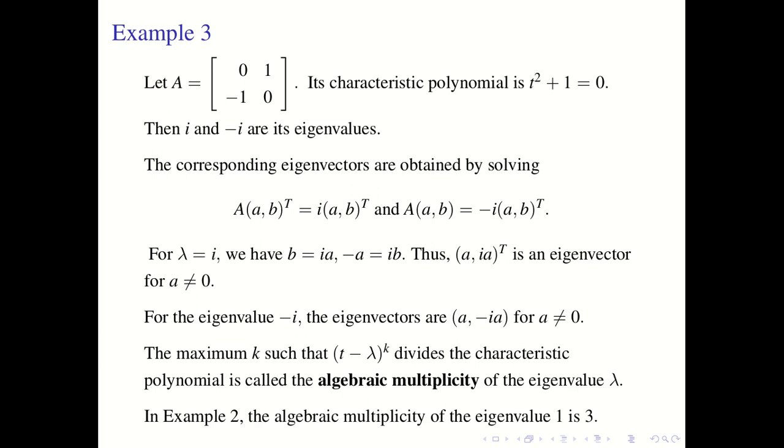Now take this matrix A equal to 0, 1, minus 1, 0. Its characteristic polynomial is t square plus 1. So therefore its roots are i and minus i. So the eigenvalues of A are i and minus i. Now find out the eigenvectors.